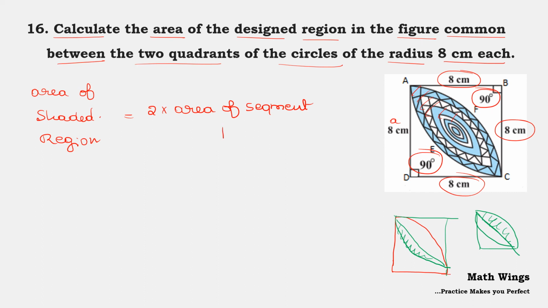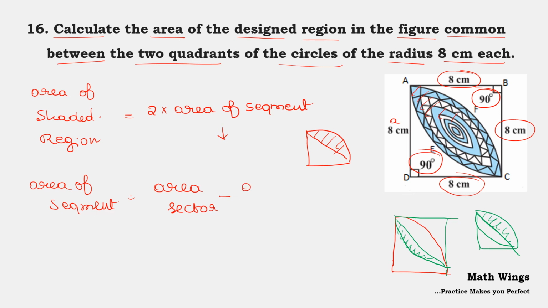So how can I get the area of the segment now? If I have this diagram, how can I get the area of this segment? The area of the segment is equal to the area of the sector minus the area of the triangle.